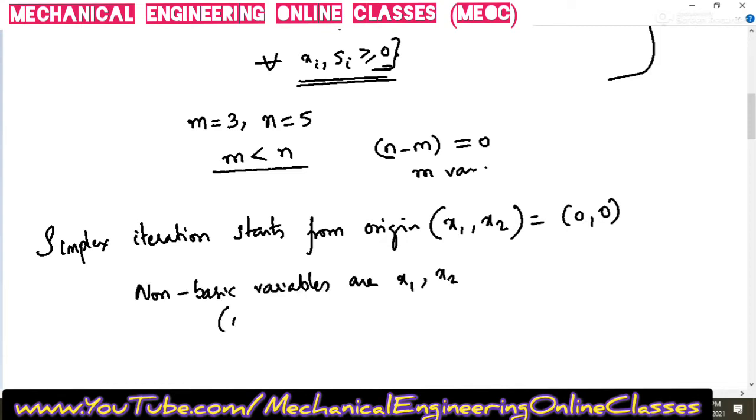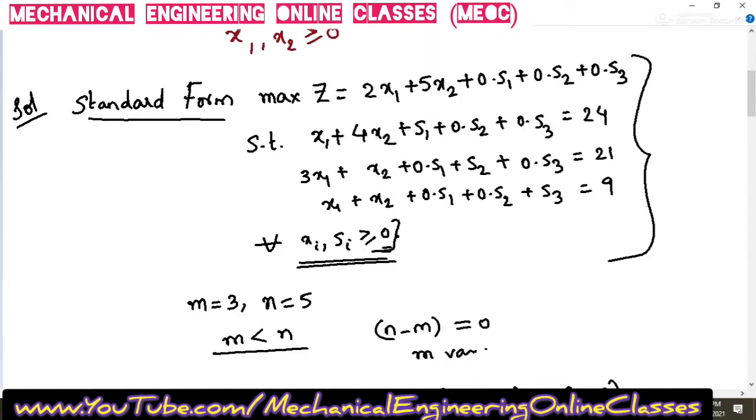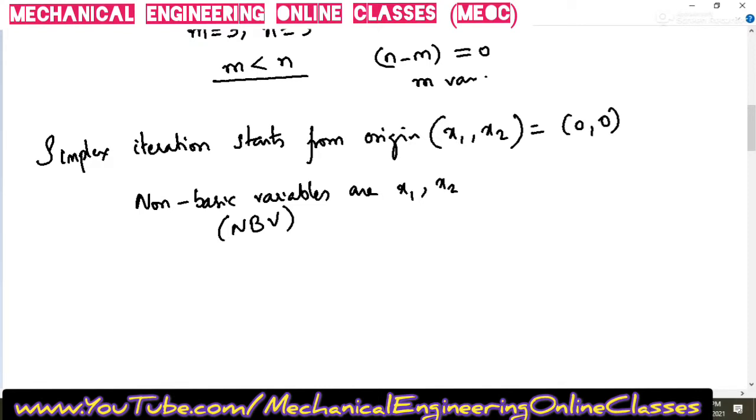So in short, from now on I'll be calling it as NBV, non-basic variables. And substituting x1 and x2 as 0, we can find the corresponding S1, S2 and S3 from these three equations. So S1 and S2, S3 will be basic variables. In short, I'll call it as BV.